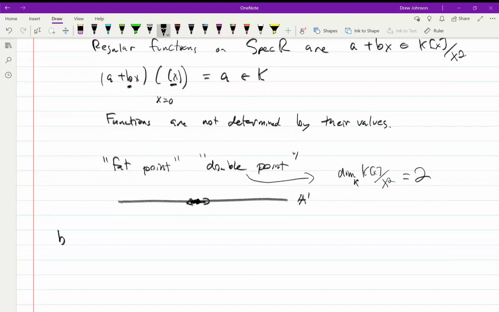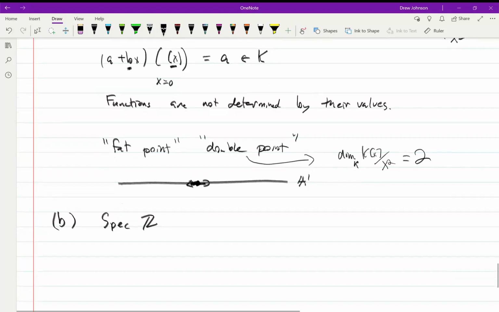All right, let's look at another example. In this case, let's look at spec Z, and let's look at the distinguished open subset D of 6. So what is D of 6?